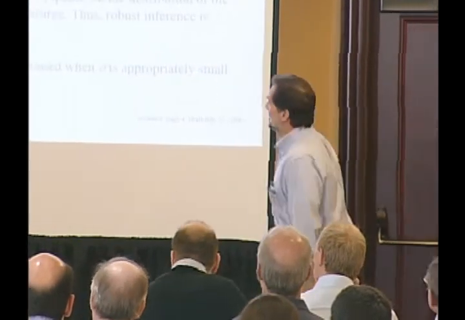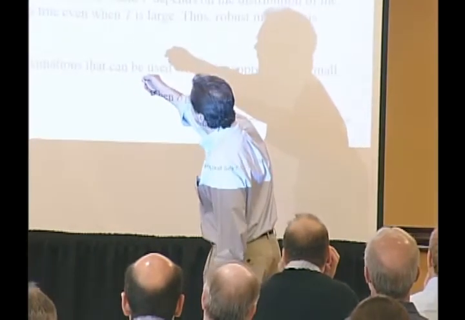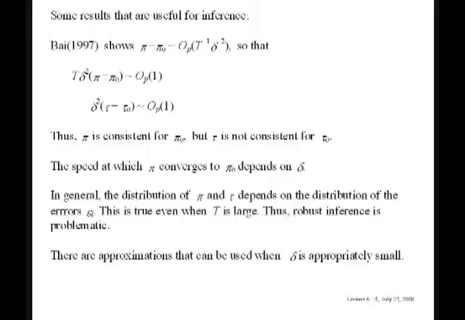So this just says that if I look at my estimated break date minus the true break date, scale it by how big the break was, I get a non-degenerate random variable, a big OP of 1 random variable. So this is going to have some probability distribution. It's not going to collapse to 0. So this says you can't consistently estimate the break date.